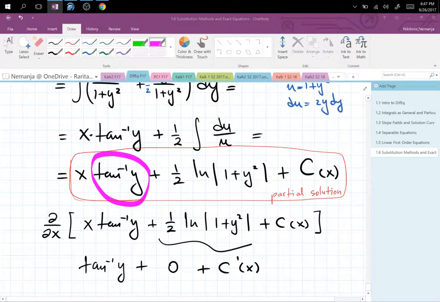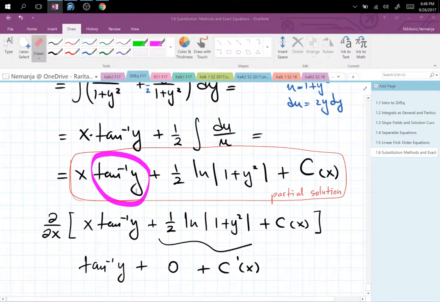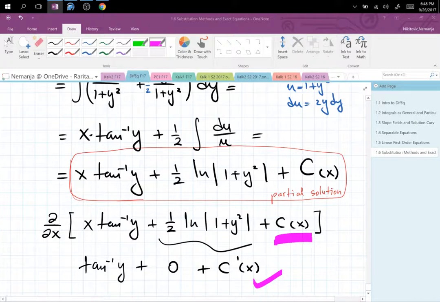So the first term is like 5x, and the derivative of 5x is just 5. That's technically what's happening here. The derivative of the number 7, let's say, because there are no x's there, is 0. And the derivative of an unknown function with respect to x is that function prime.